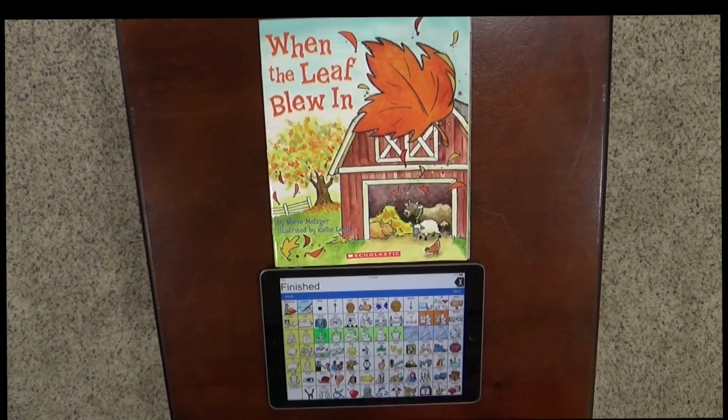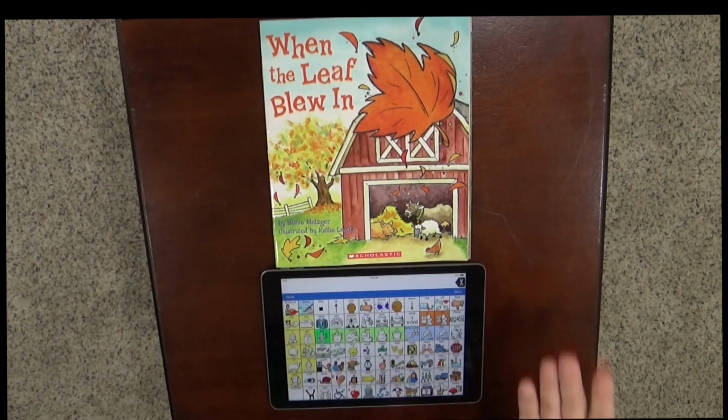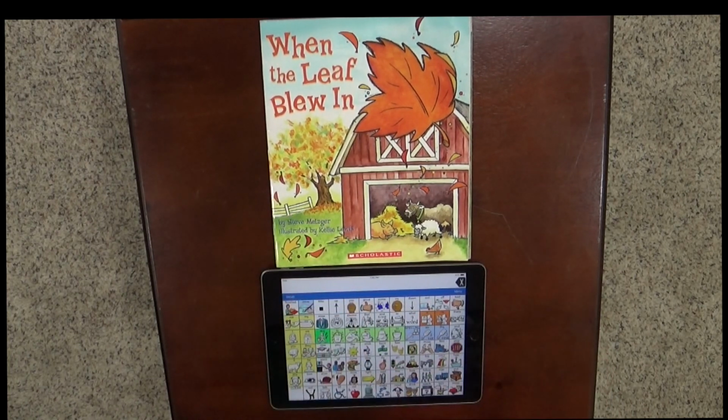And the kids either had to retell the story with a leaf that blew across from animal to animal, or for some of my younger kids who are just working on the farm animal vocabulary, we would talk about the animals and they had to cover up the animal that we were talking about with a leaf, just to show some of that receptive knowledge and understanding.